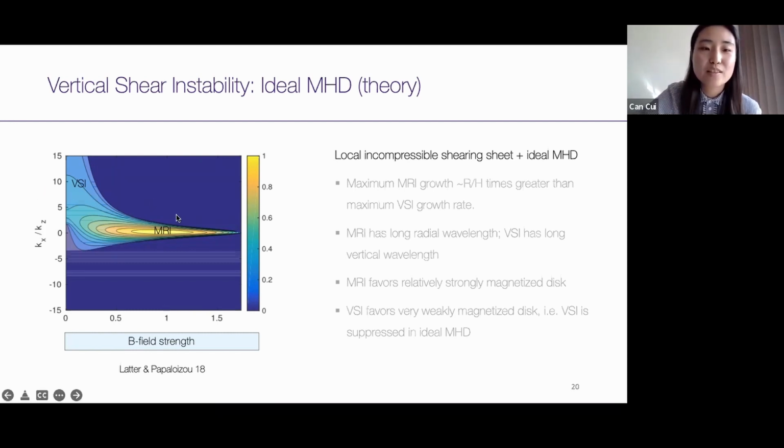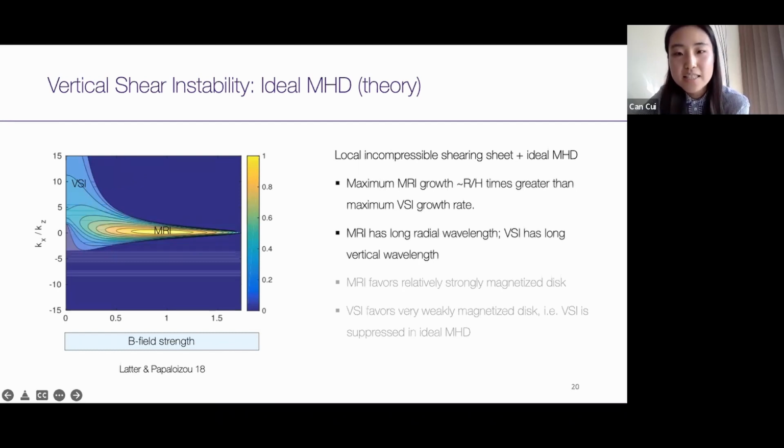In the plot I'm showing here, the x-axis is the magnetic field strength, and the y-axis is the wavenumber ratio, the radial wavenumber over the vertical wavenumber. The yellow region corresponds to the magnetorotational instability, and the upper left corner corresponds to the VSI.